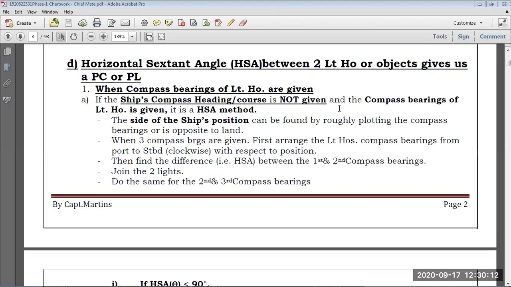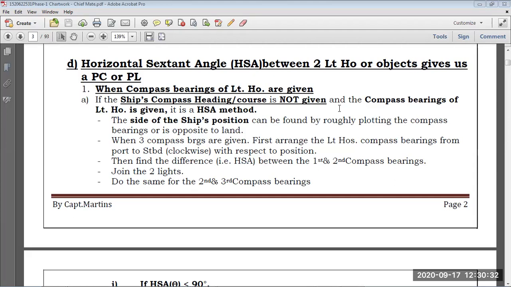First thing, it can be a bearing between two lighthouses or objects, and it can give us a position circle or a position line also. So when compass bearings of lighthouses are given, remember this is compass heading and course and compass bearings, not true bearings.